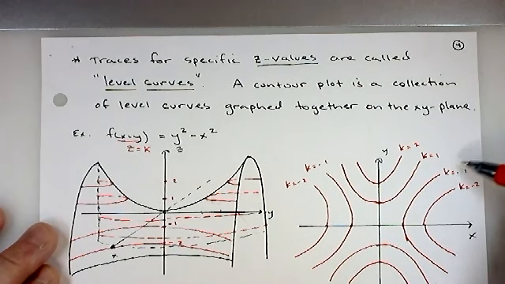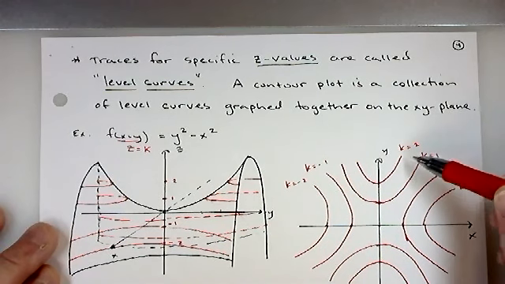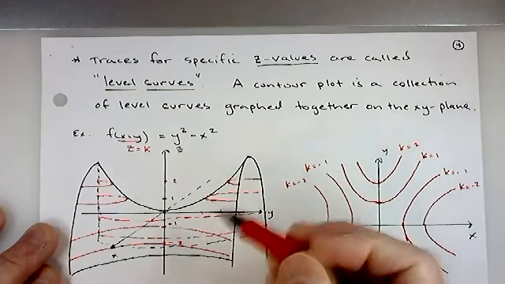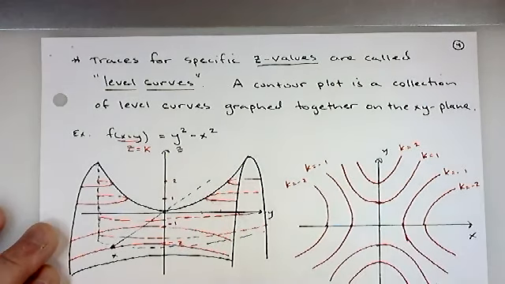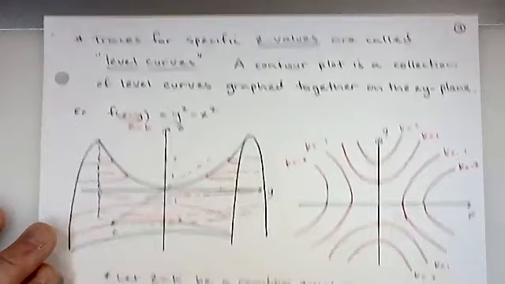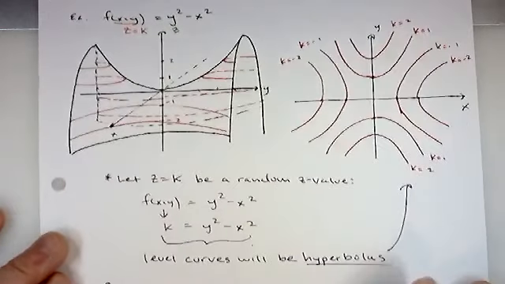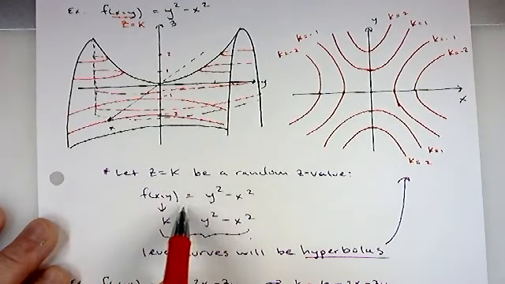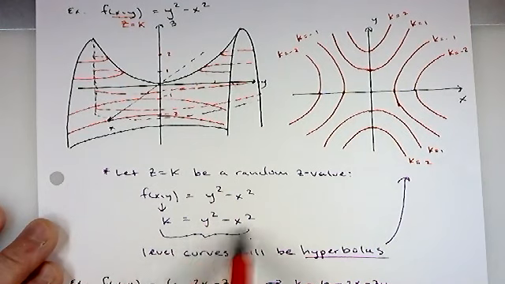If you're going hiking in a mountainous region, oftentimes you'll see a map with contour plots where they're literally giving you elevations. That's the way you can think of these z values and k values, those are elevations, right? Those are heights. All right. Here I'm just showing, again, you let z equal k be a random z value. And if you set k equal to y squared minus x squared, you would then recognize that all of these level curves are going to be hyperbolas.